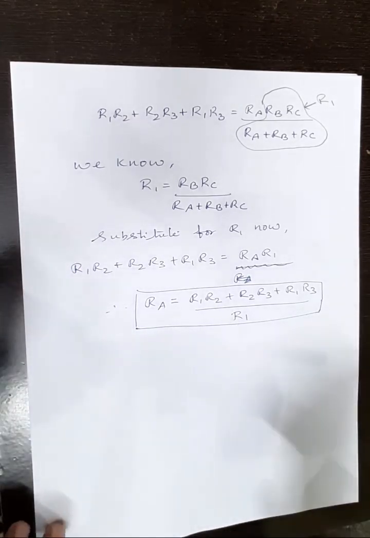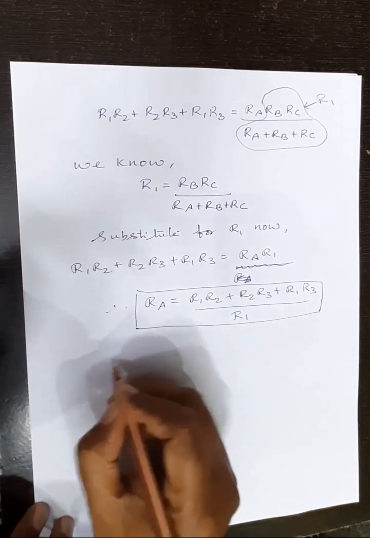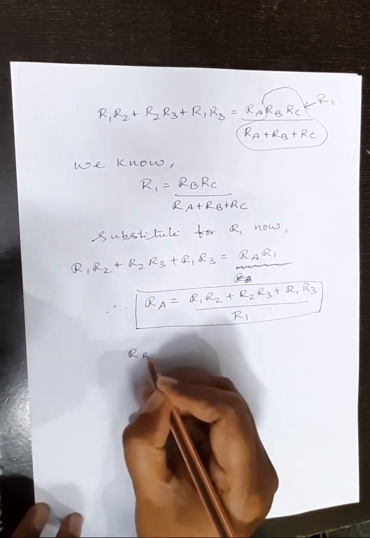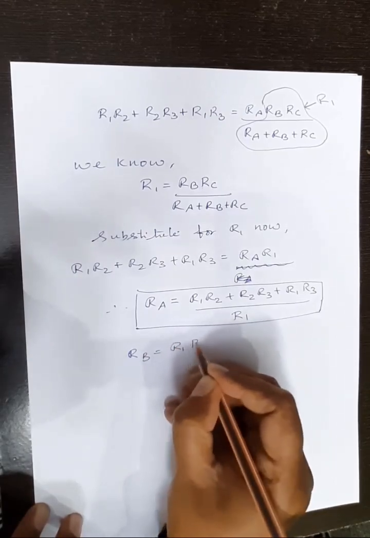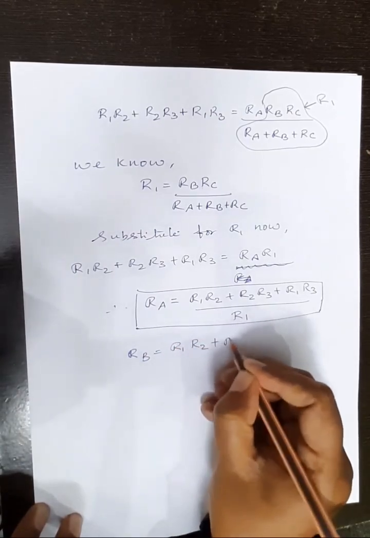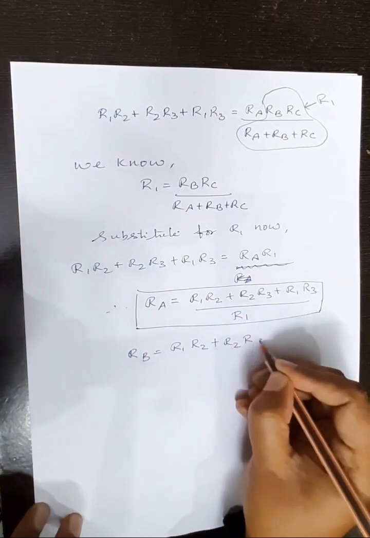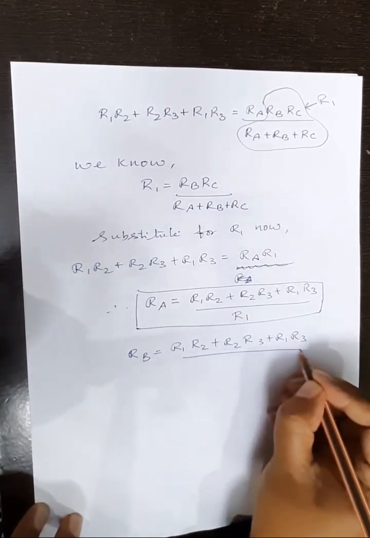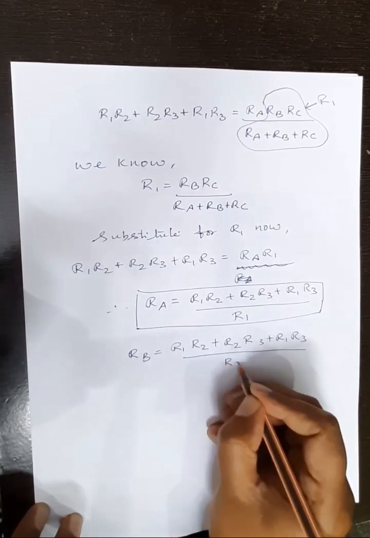So similarly, when you solve the other equations also, you will get RB, which is equal to R1 R2 plus R2 R3 plus R1 R3 divided by R2.